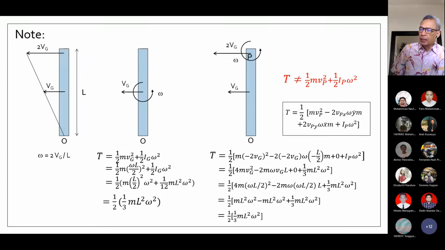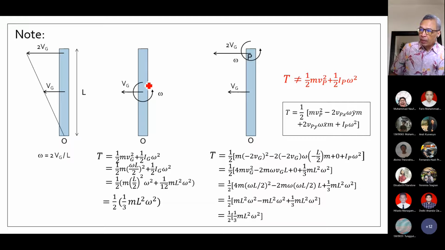This is illustrated by this example. We want to calculate the kinetic energy of this rigid bar, and we know the distribution of velocity like this: 0 at the bottom end and 2Vg at the upper end. We assume that this is a homogeneous beam, so the center of mass is in the middle of the beam. We can find that the velocity at the center of mass equals Vg, half the sum of the two.